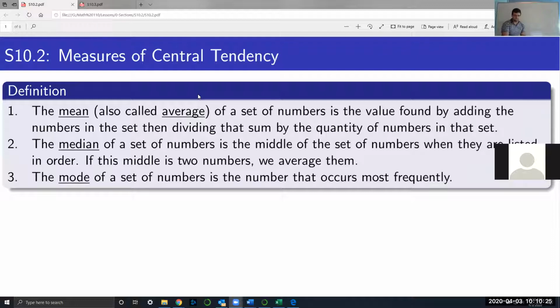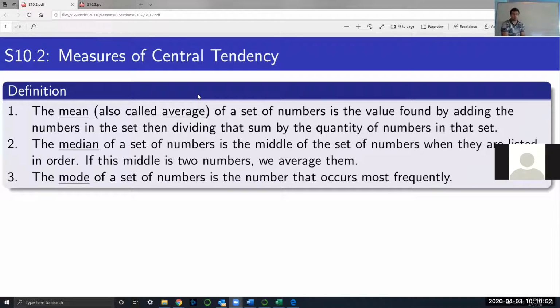The median of a set of numbers is the middle of the set of numbers when they are listed in order. If the data set has an even number of items in it, then we will have 2 numbers that are in the middle, so we average them to find the median.